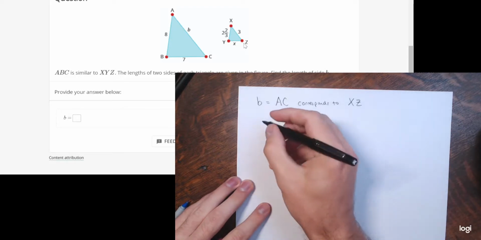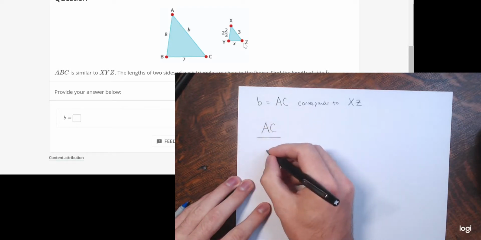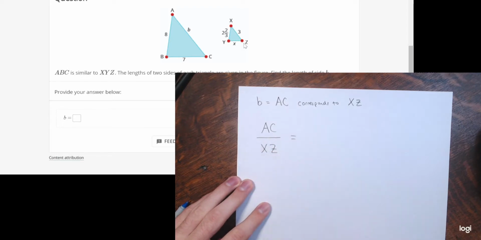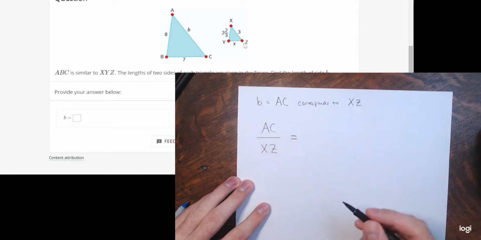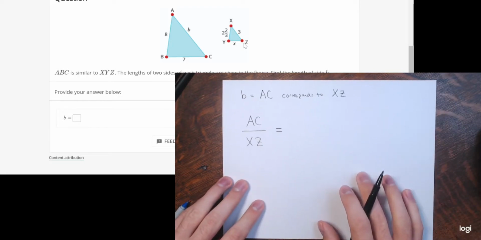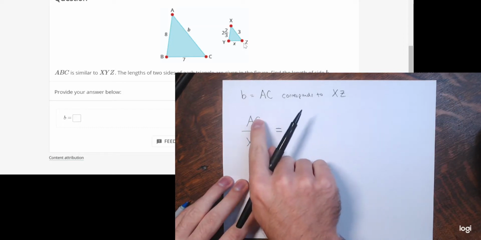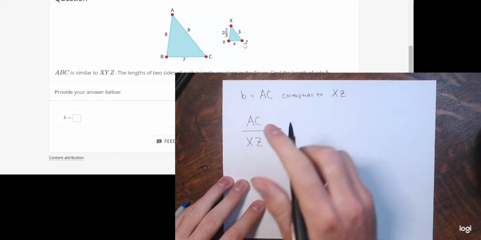So I'm going to set up this ratio, AC over XZ, and since these figures are similar, this ratio of corresponding sides should be equal to any other ratio of corresponding sides in these two triangles. And once again, pay attention, make sure my numerators are coming from triangle ABC and the denominators are coming from triangle XYZ.